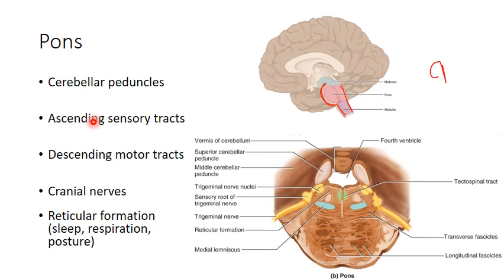Some of its major features are going to be cerebellar peduncles. They are going to connect the cerebellum to the pons and the midbrain. So, peduncles. There's that fourth ventricle again.